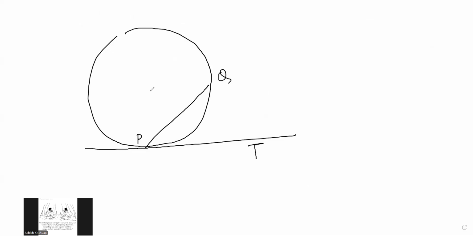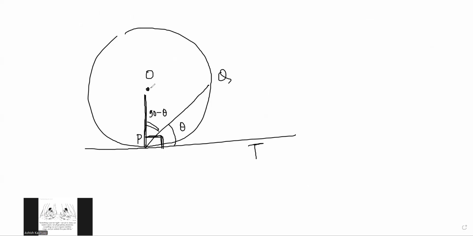In this one, it is better to draw the circle center. We know that OP will be perpendicular to PT, right? Because PT is tangent. So if this angle is theta, I know this much is 90 minus theta.